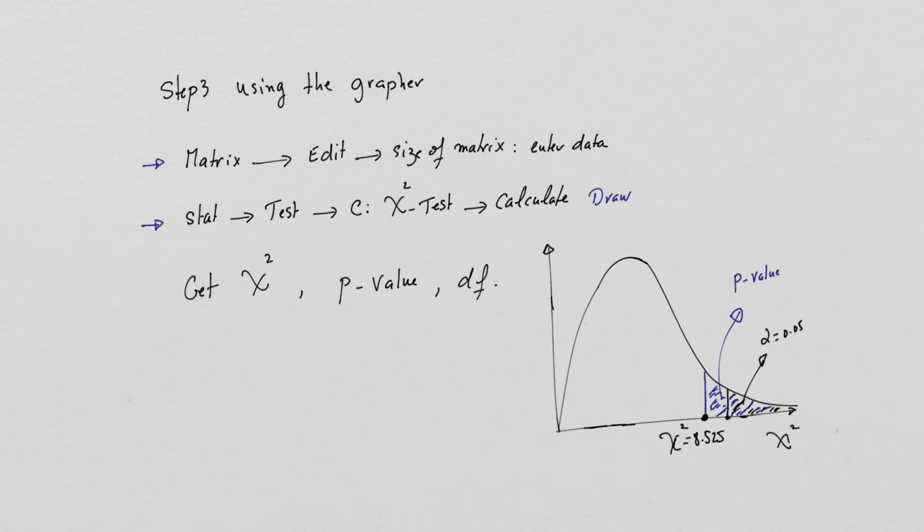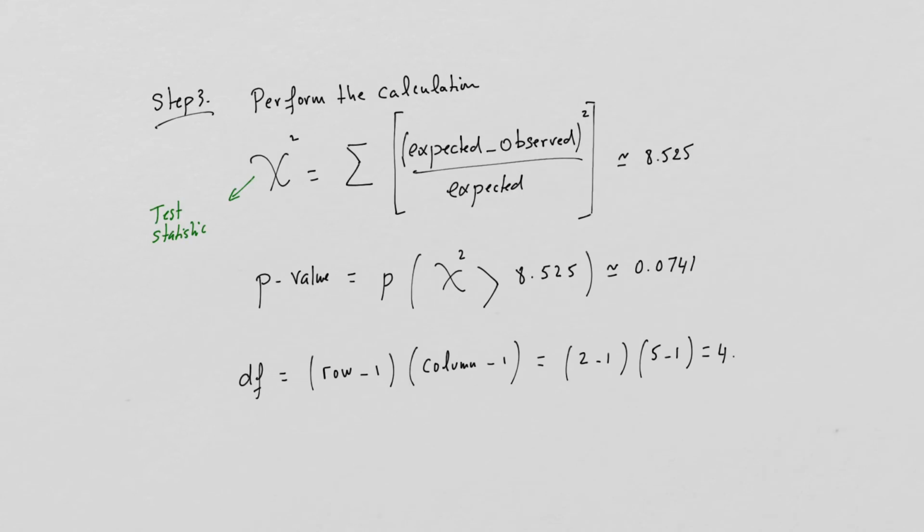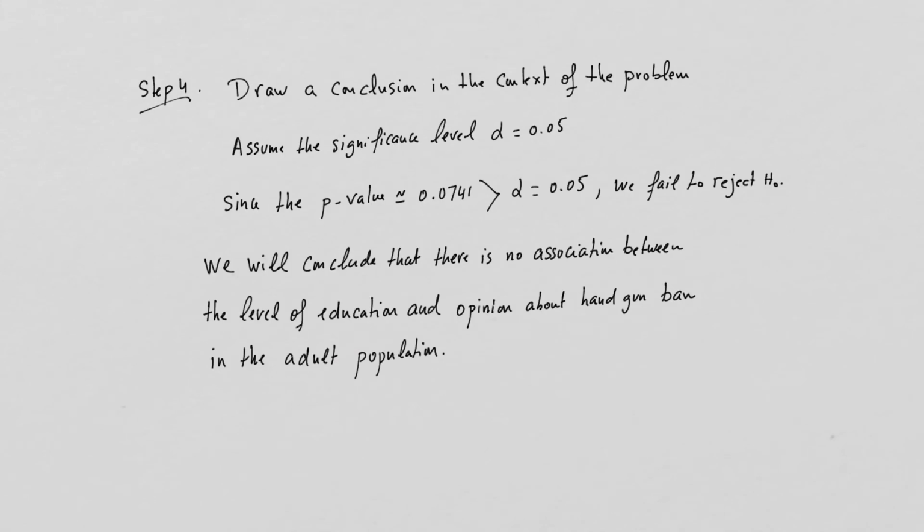Now, we need a cutoff, just like we did with the normal distribution. So let's just assume that the cutoff, don't worry about degrees of freedom, I'll come back to it. Let's assume that the cutoff is 5%. It's called significance level.